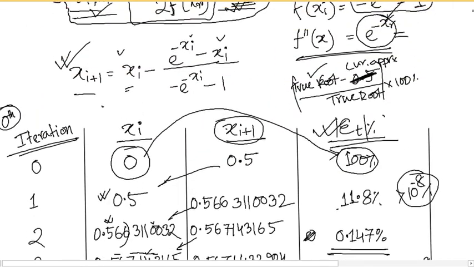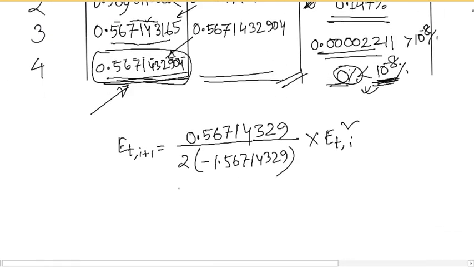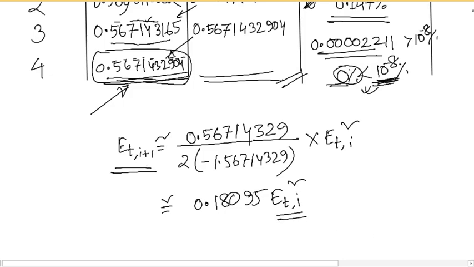So we can write it as 0.18095 E_t,i squared. So using this I can predict the next error using one true error.